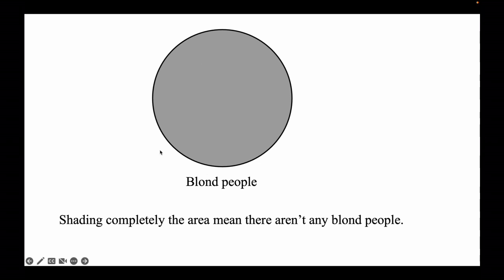I can also use shading. In categorical logic, we use shading. Now, when I shade completely my circle, shading is essentially like sealing the container, sealing the circle, and therefore indicating that nothing exists in here.